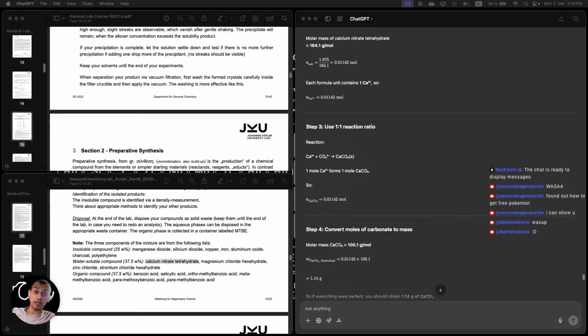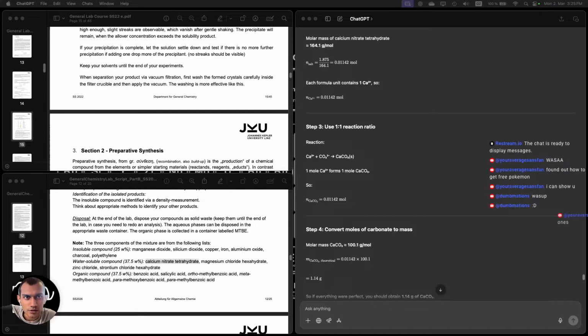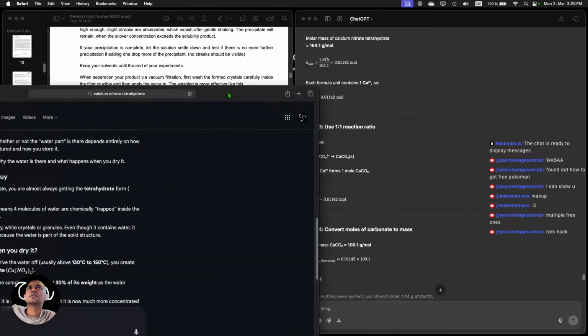Is it Palworld or is it Pokemon Go? This is a great question. Stop glazing me, AI. Multiple free ones, ROM hack. Oh shit. Which game are you talking about? Which Pokemon game?